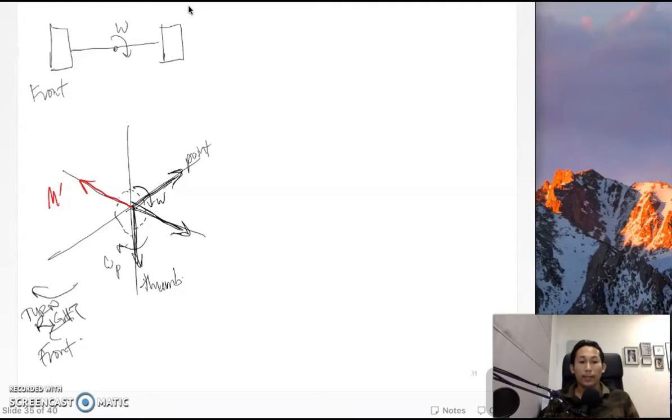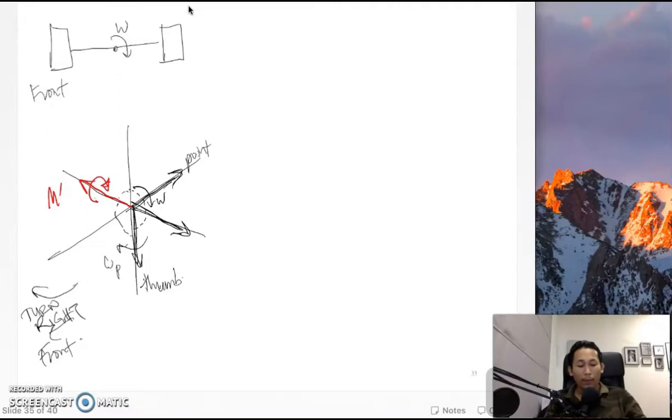But in the figure it is on the left. So from the figure, using our thumb rule, it shows that the reactive gyroscopic couple moment is acting like that. So we have our front here.